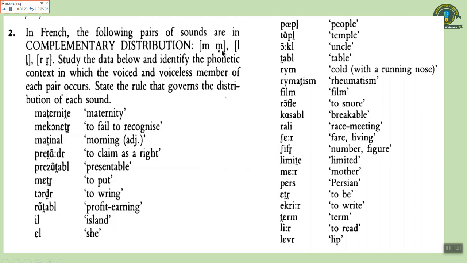Here it has lost its voicing. These are in complementary distribution, l and r. Study the data below and identify the phonetic context in which the voiced and voiceless member of each pair occurs. State the rule that governs the distribution of each sound. So look at it for a while and then I'll explain it to you.